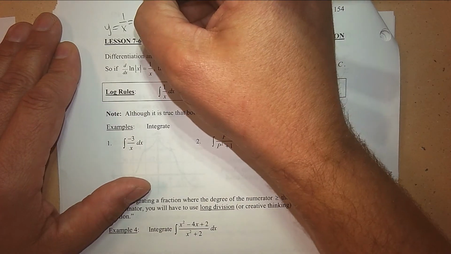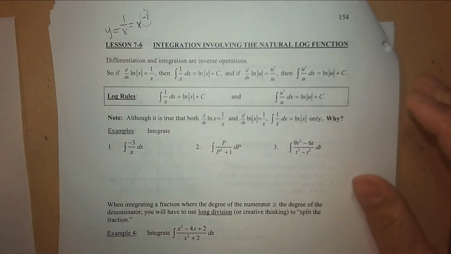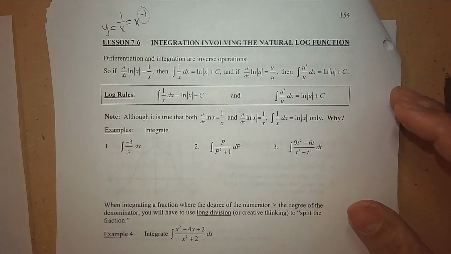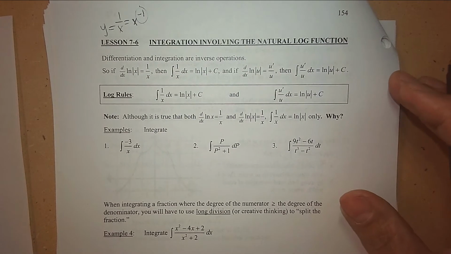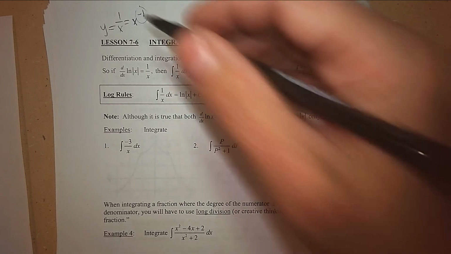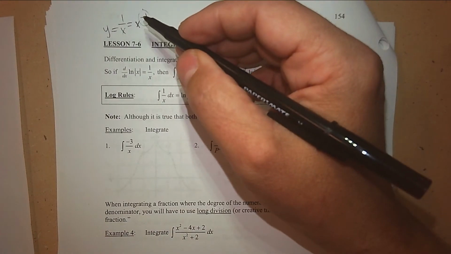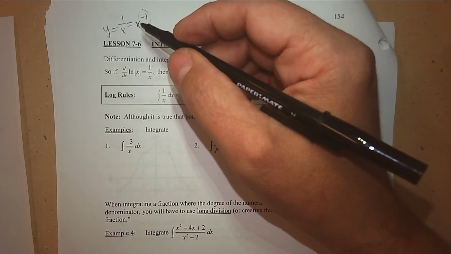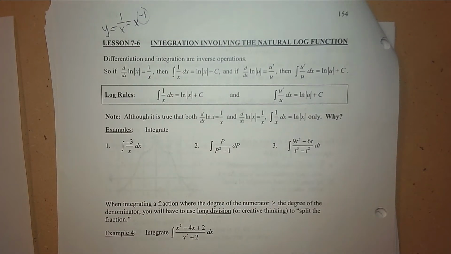And if we did the anti-power rule, we would add 1 and then divide, and it didn't work for negative 1. Because if you add 1 to negative 1, you get 0, and then divide by 0, you can see how it goes to garbage, right? So x to the negative 1, or 1 over x, is a special situation. And when you integrate it, it's not the power rule, but a natural logarithm.